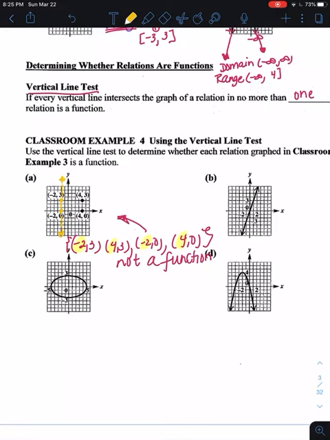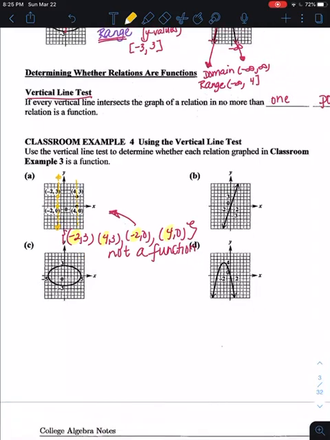It hits the points -2, 3 and -2, 0. And what do they both have in common? They both have the same x value of -2. So that's why we use a vertical line. If I put any imaginary vertical line, just imagine me putting this imaginary yellow line on this graph, it's going to hit more than one point at a time. If it hits more than one point at a time, it's not a function.